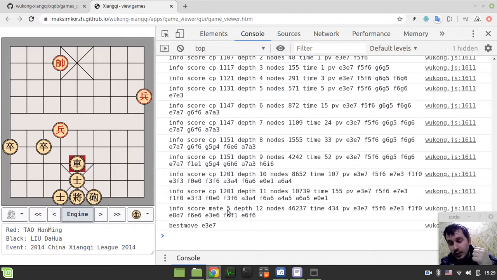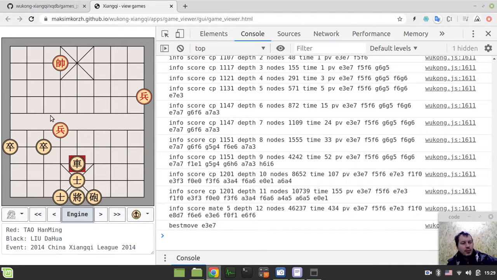By the way, guys, one of the ideas I have in mind for the future development of this project is trying to extract the mating positions from all these 40,000 games I've scraped from the World Xiangqi Federation. So to have positions like this, well, here we have the mate in 5 position. Well, I can't see this mate in 5 yet. We'll now try to find this together with you guys.